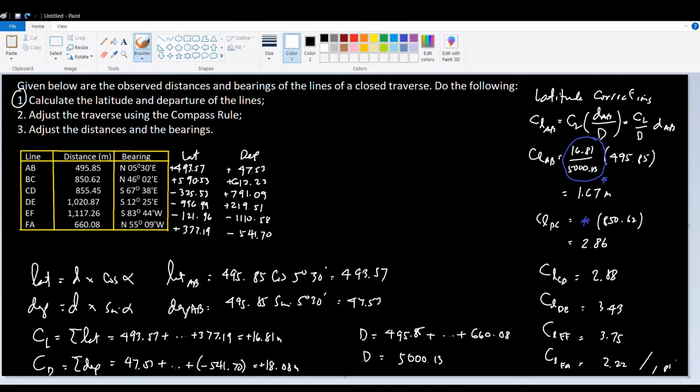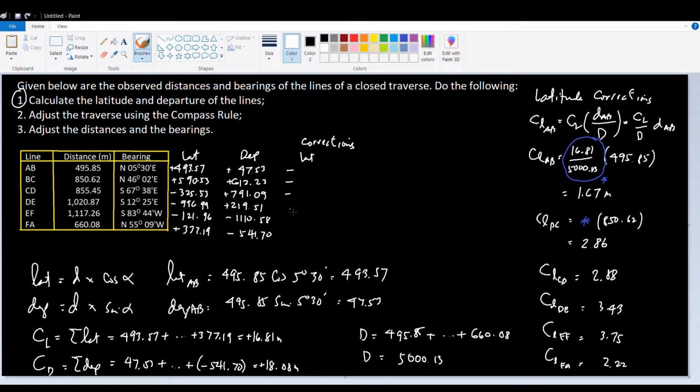So we can tabulate these values. So the corrections for the latitude. Remember, it should be negative. It should be the negative of the value that we will get here. We have a net positive, so the correction should all be negative.